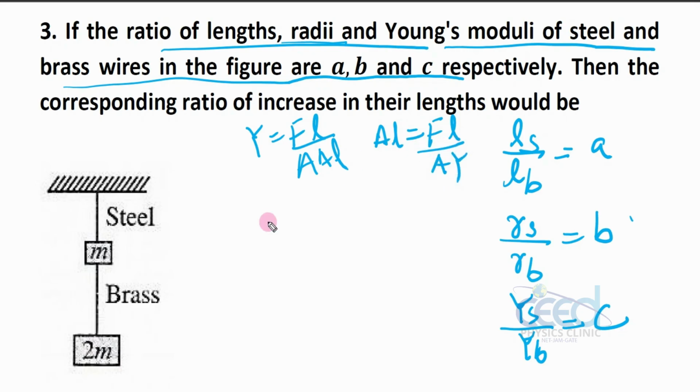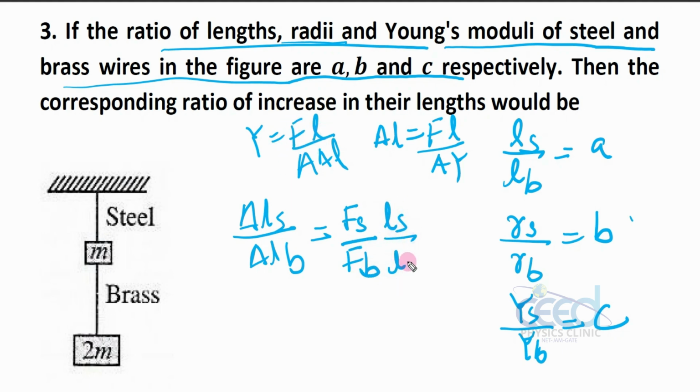That is, we can write delta L steel divided by delta L brass is equal to F steel divided by F brass, times L steel divided by L brass. Now area you can write as pi r square, because this is a cylindrical wire.